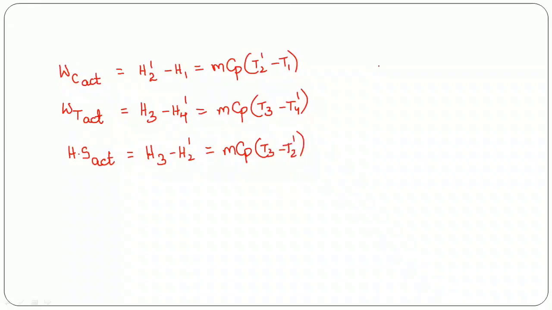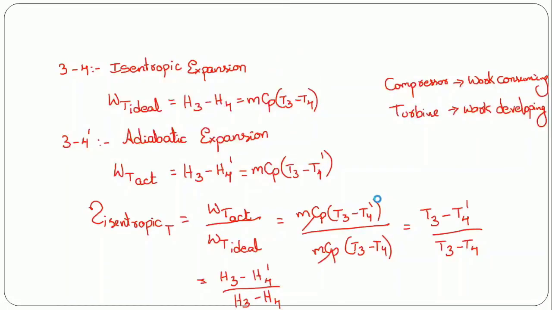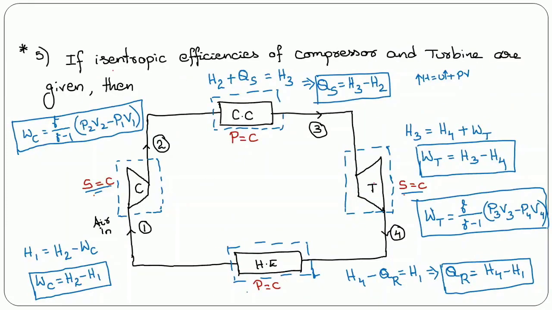Then see, the work that is developed by the turbine, we call it as gross work developed, whereas the work developed by the turbine minus work input that is given to the compressor, we call it as the net work output. The reason is, see here, in the cycle if you observe, turbine is developing certain amount of work output, but this turbine has to supply certain amount of work input to the compressor by using certain shaft.